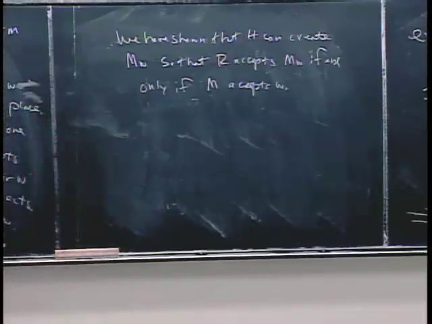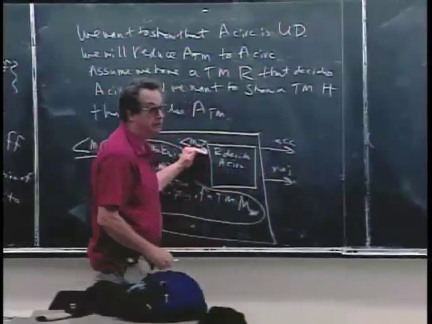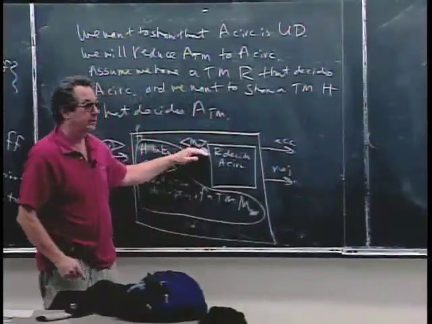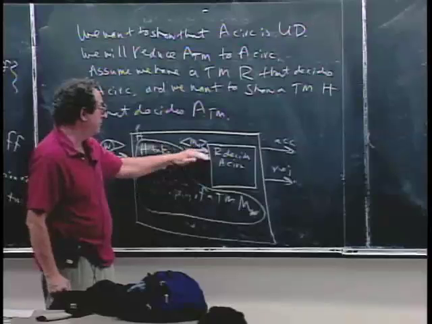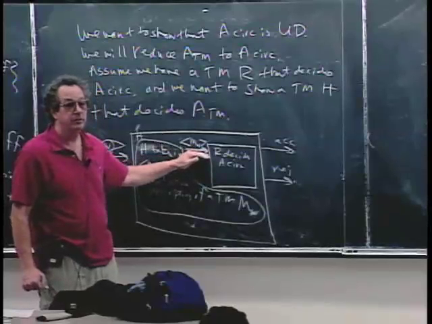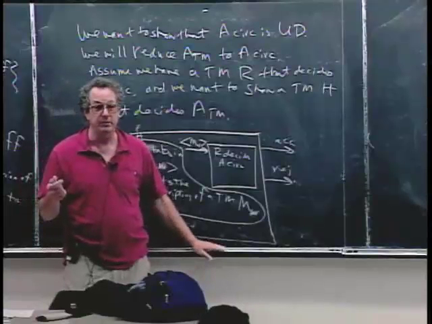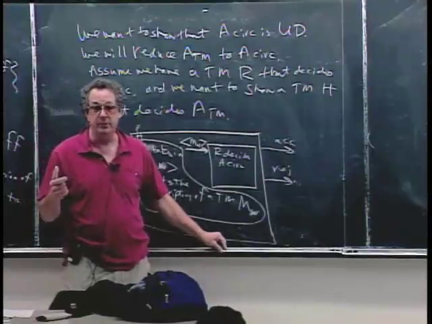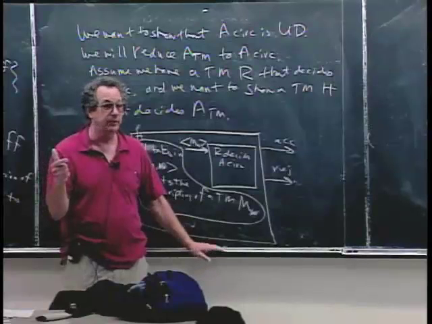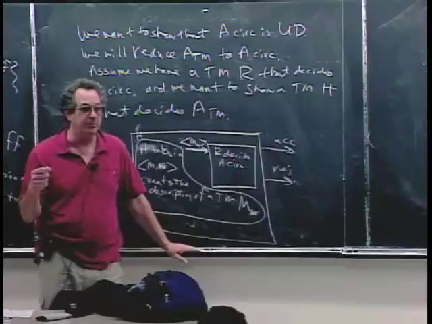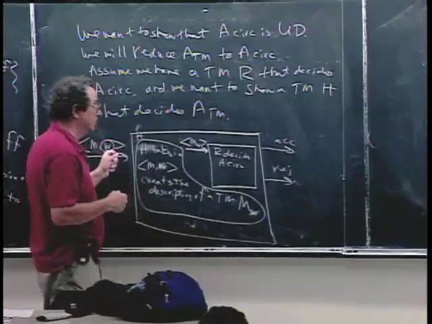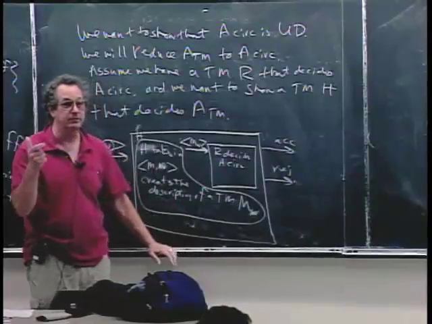Go through this step by step. If R accepts MW, that means that MW is a Turing machine which has the property that whenever it accepts a particular input, it accepts the circular rotation. But the only possible inputs that it can accept are this specific W or the circular rotation.